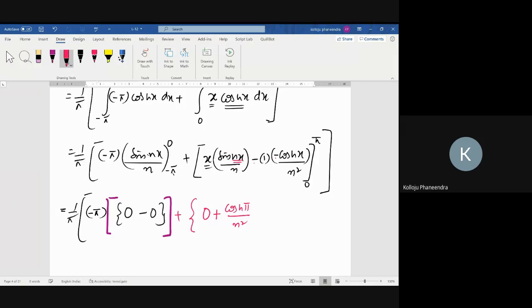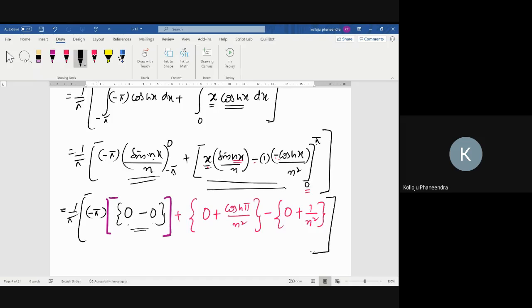This is upper limit, minus lower limit 0, in place of this 0 into something is 0, minus into minus plus, cos 0 value 1, so 1 by n². This is over, and this whole bracket closed. Once again, the first term sin 0 is 0, sin n pi also 0, so this part is 0. Coming to this part, upper limit pi, sin n pi is 0, so 0, minus into minus plus, cos n pi by n².